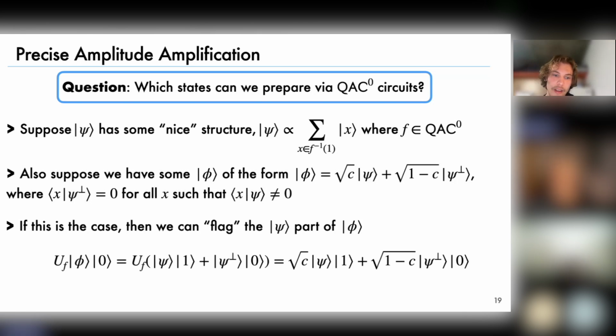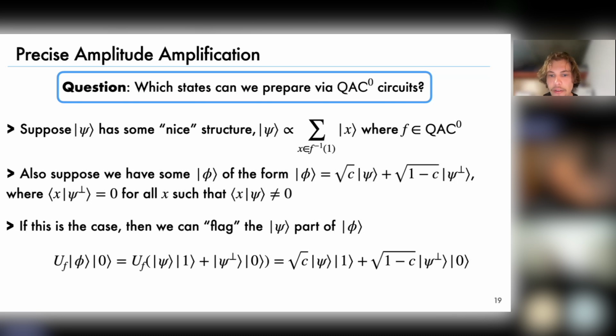Then what I claim we can do is we can extract out the desirable part of the state phi. Since the state is of this very nice form, where it's a uniform superposition over the one inputs of a function that we know how to compute, this function f, we can prepare our state phi, and then tack on an additional ancilla qubit, and then just compute this function f coherently.